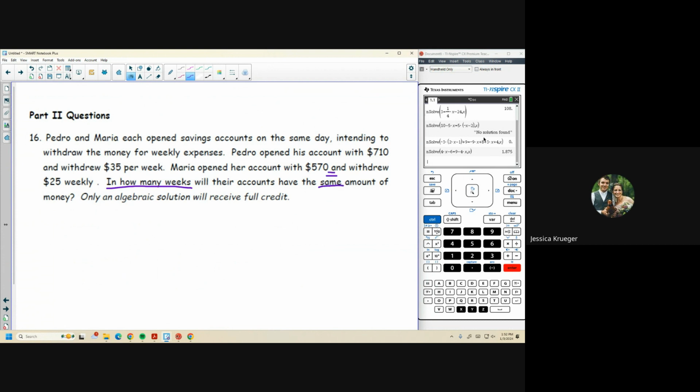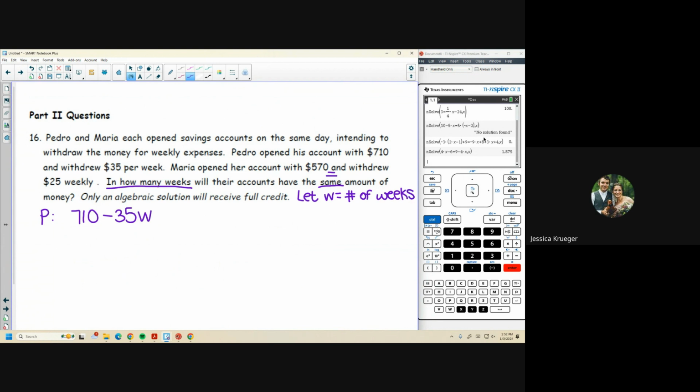Same equals. Okay, so Pedro, he starts with $710 in his account. He's withdrawing, which means he's subtracting $35 per week. Now, the minute you write a variable, I would go up and say, let W equal number of weeks. Do not forget your let statement.